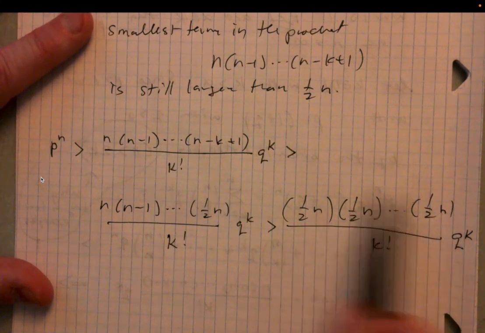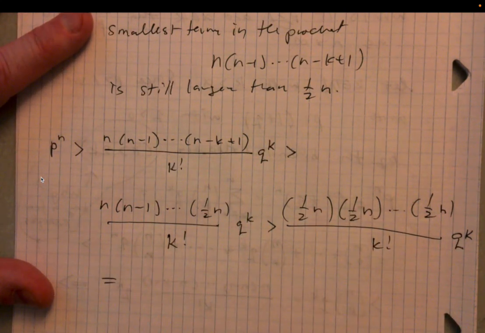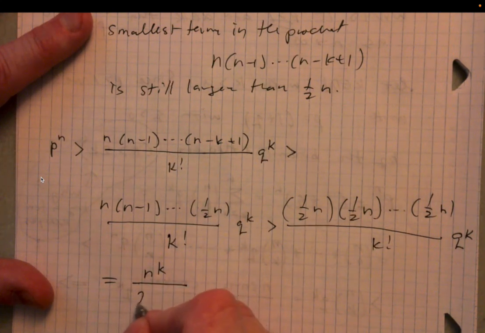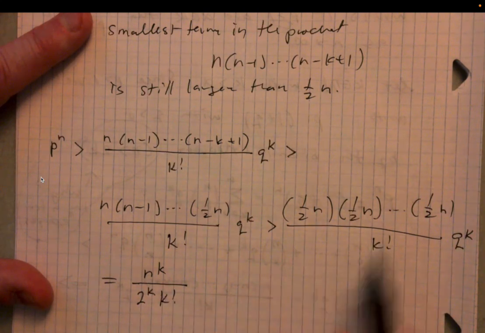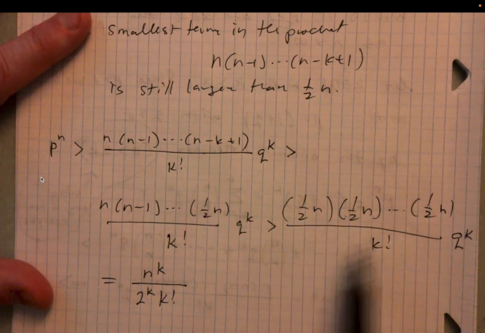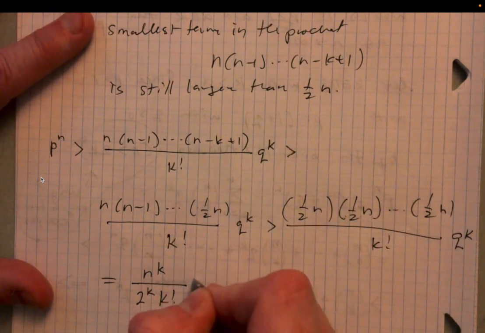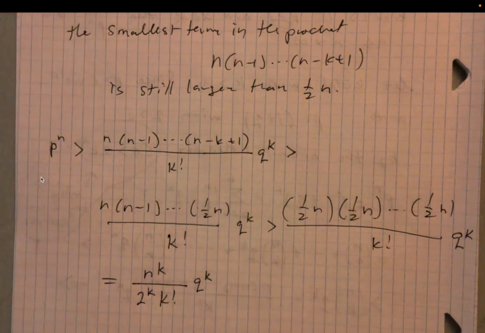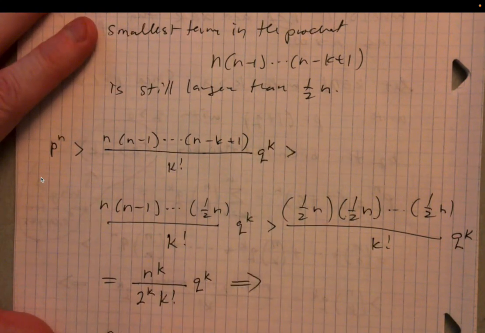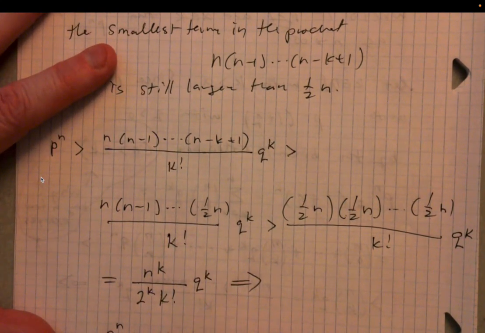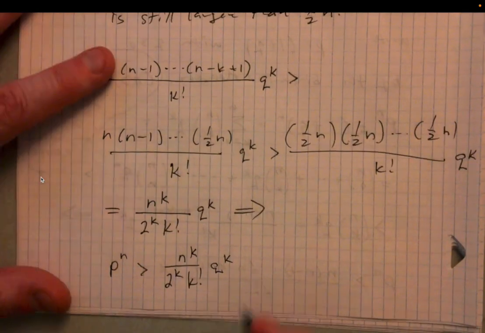So this whole thing is equal to n to the k over 2 to the k times k factorial. Just bringing the 2's down below, there's k of them, and the n's up top, there are k of those. And then we'll leave the q to the k on the end here. So we have p to the nth power is greater than this.